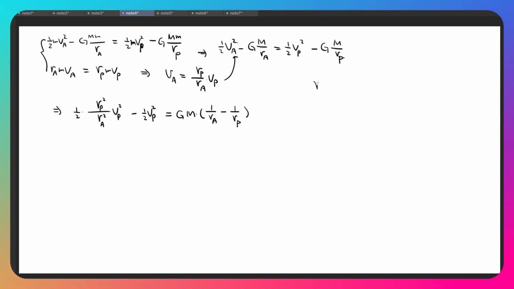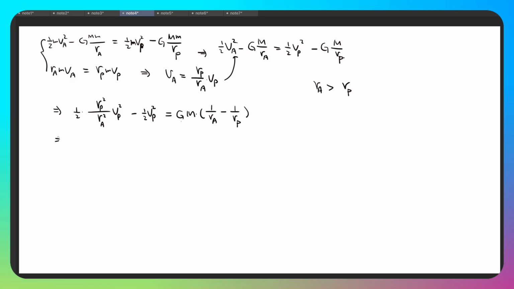And since I know RA is maximum, so RP is minimum, oh sorry, I said the opposite. RA is maximum, RP is minimum. So we know this term is negative, right? And let's change the sign here.